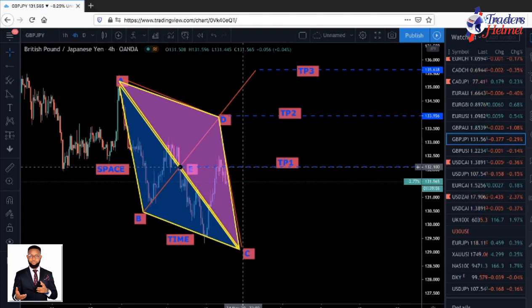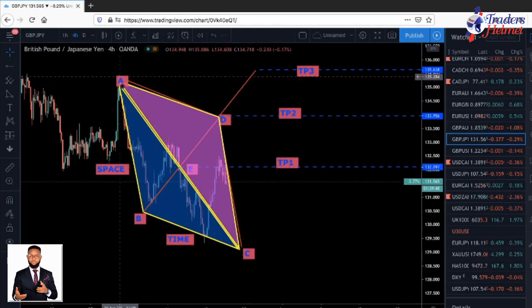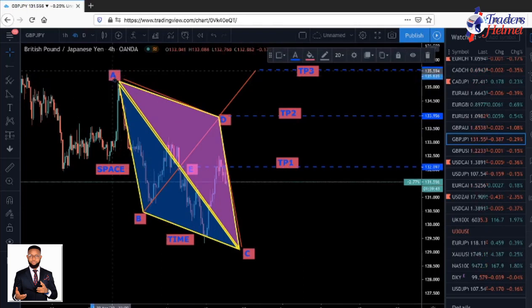If you are using a small account size, you use a micro lot size of 0.01, 0.02, depending on your pattern and how you want to grow your account. So this TP1 is always 100% sure.